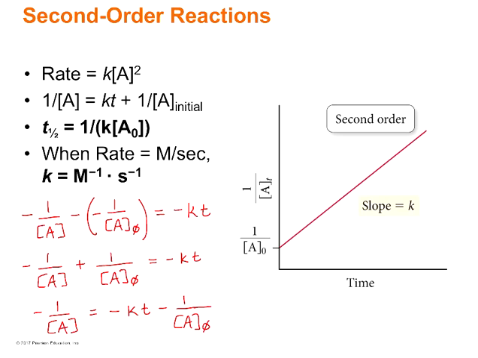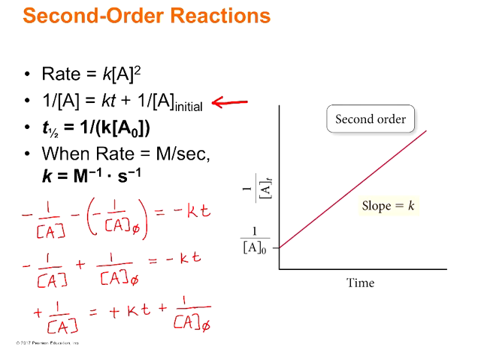Now you'll notice that everything is negative, so what we can do is multiply both sides by negative 1, and then that just makes everything positive. And that's how we end up with our integrated rate law. So again, you don't have to know how to integrate these rate laws to get our integrated rate law, but sometimes it's just nice to see where these equations are coming from.